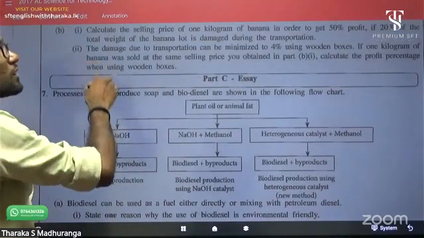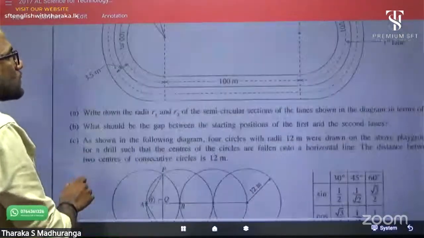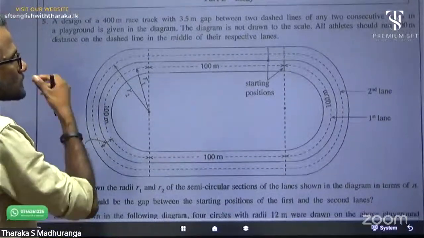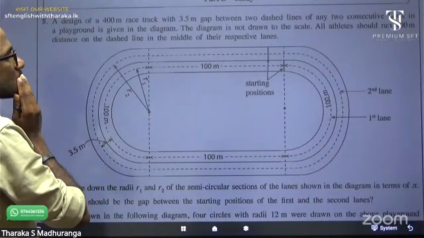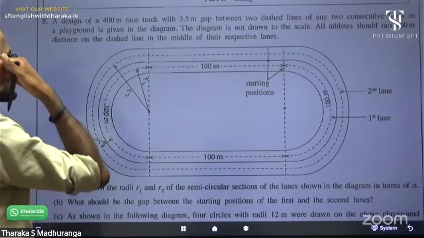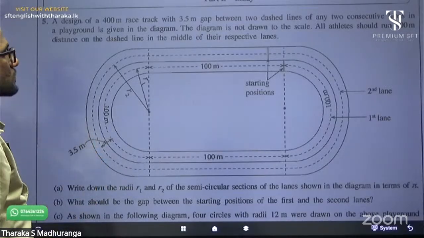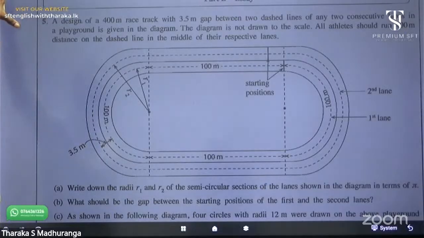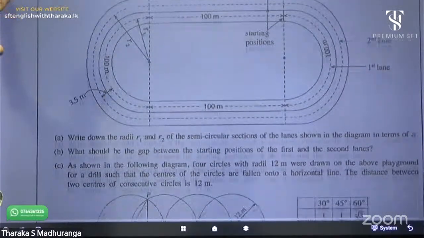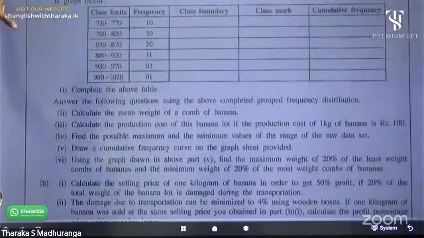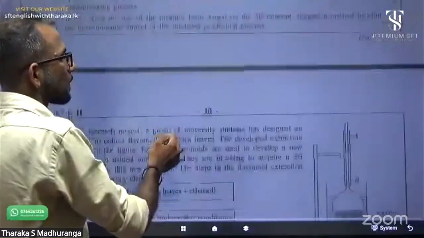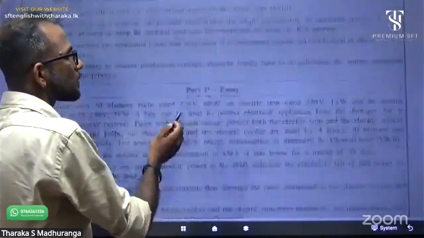Today, let's move into this question. Is natural product?